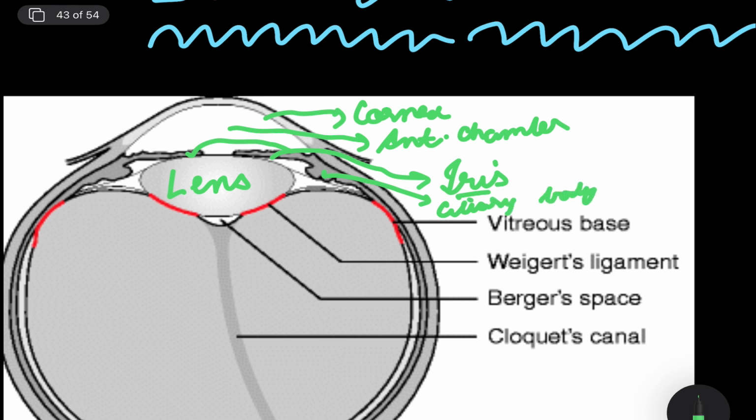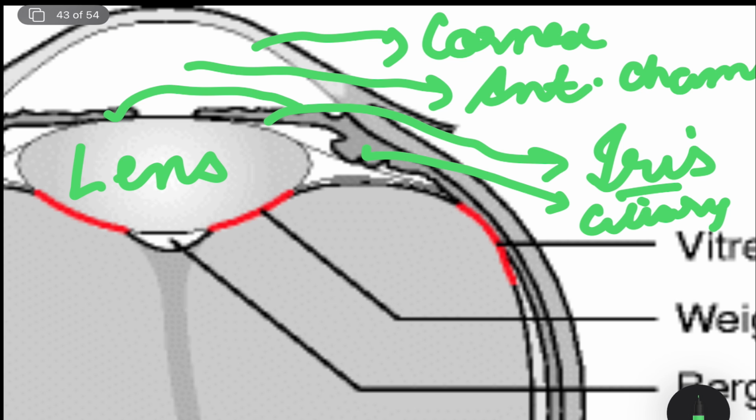And from the ciliary body, if you can see, I'm zooming in a lot more now. This over here, that black line going from the ciliary body and attaching to the lens, is a structure, or rather structures, which hold the lens to the ciliary body.